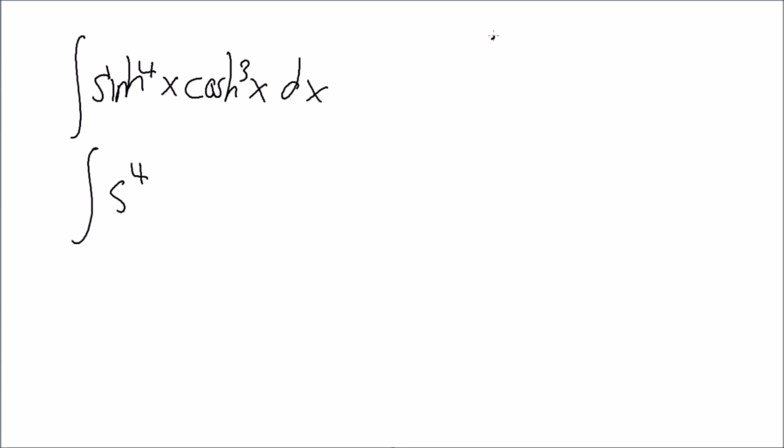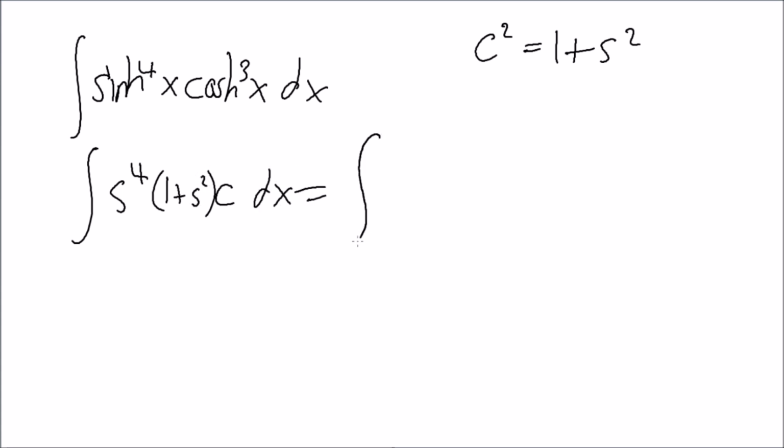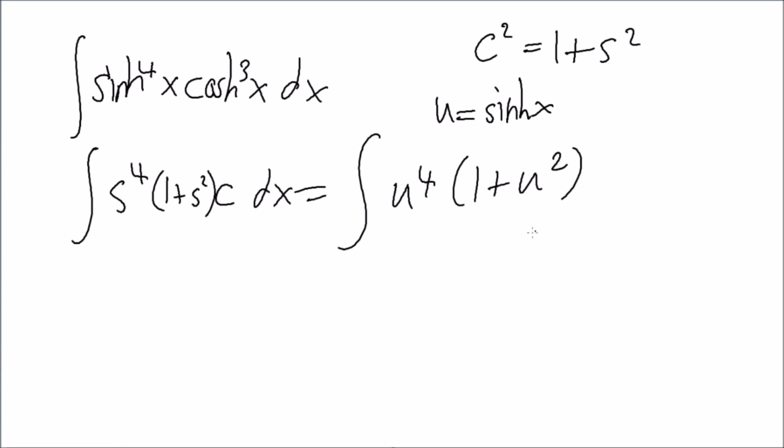And remember that cosh square is equal to 1 plus sinh square. And so we'll take a cosh out and then use cosh square as 1 plus sinh square. And then when you let u equal sinh of x, you end up getting u^4 times 1 plus u square, and then this just becomes power rule.